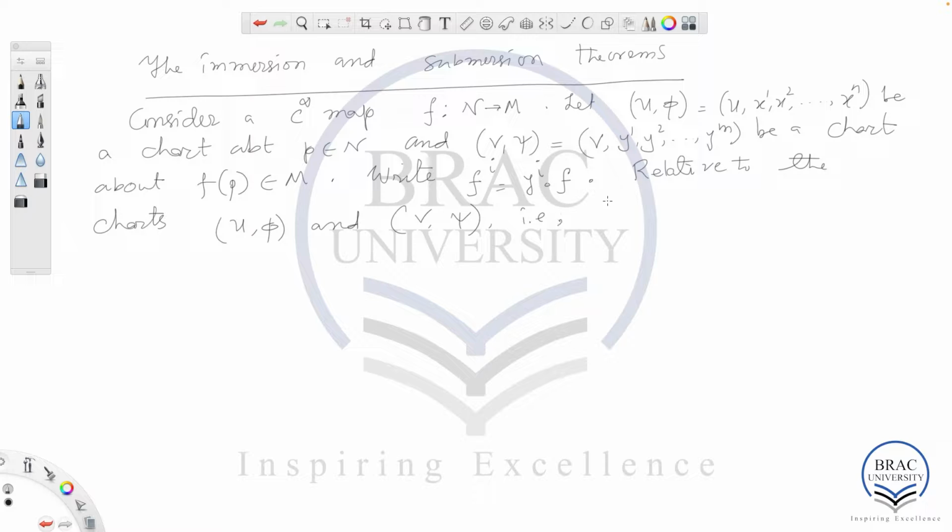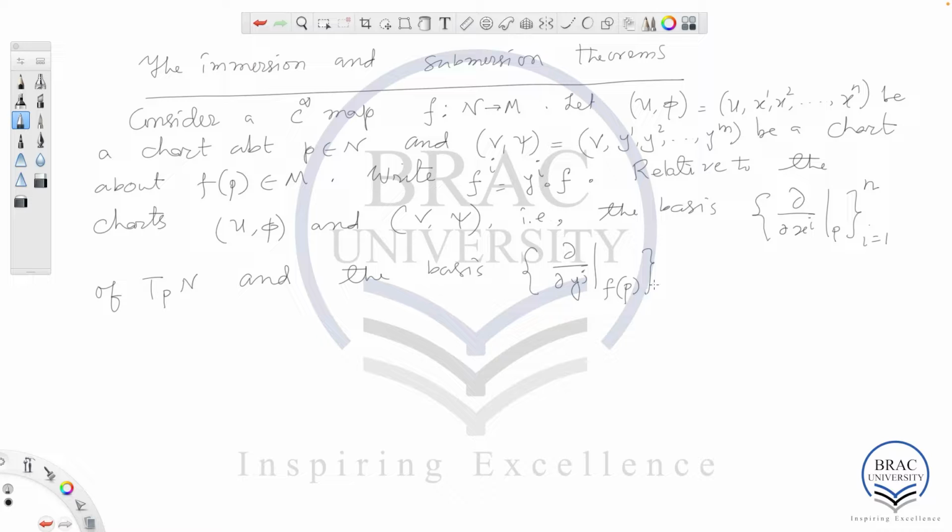that is, in terms of the basis del by del x_i at p, where i runs from 1 to n. This is the basis of the tangent space T_pN, and the basis del by del y_j at f of p, where j runs from 1 to m, is the basis of the tangent space T_{f(p)}M.